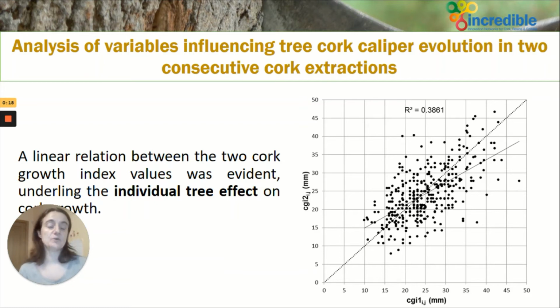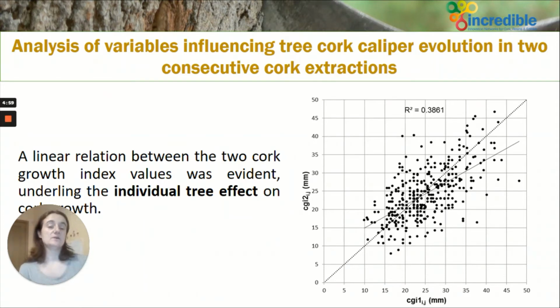The first thing that we observed is the significant relationship between the cork growth index taken at the individual tree level from the first cork sample to the second cork sample. So this is a first observation.